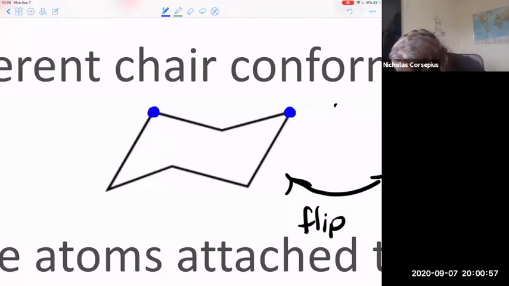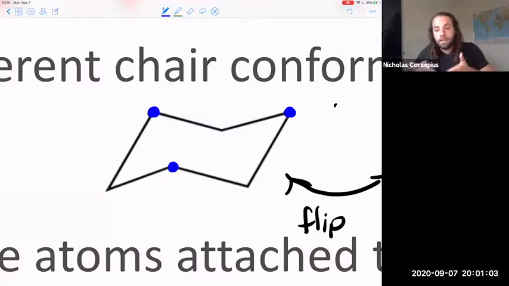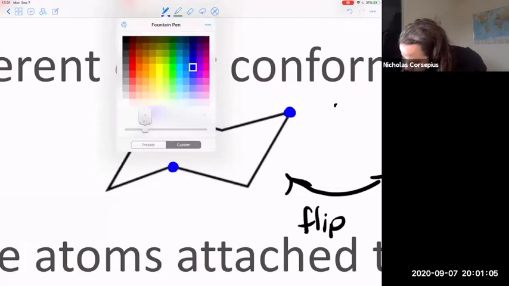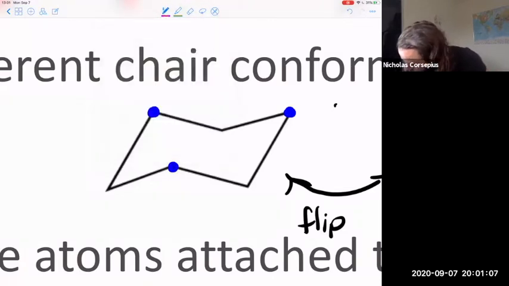This guy, and this guy. And there are 3 carbons that are sitting at a valley, right, in a V. This guy, and this guy. So that's step 1: you've got to identify which are your peak carbons and which are your valley carbons.